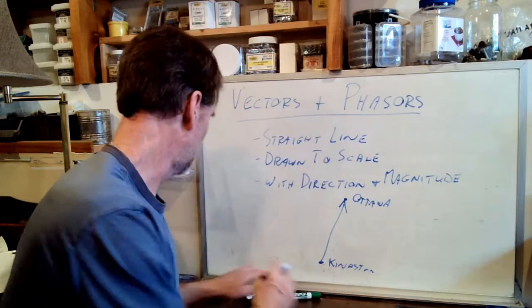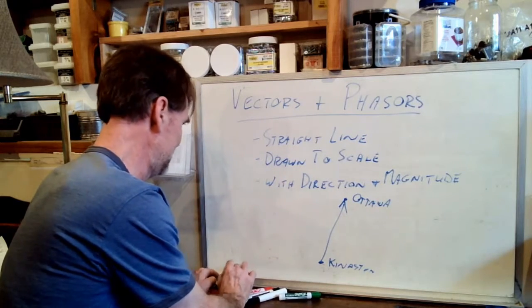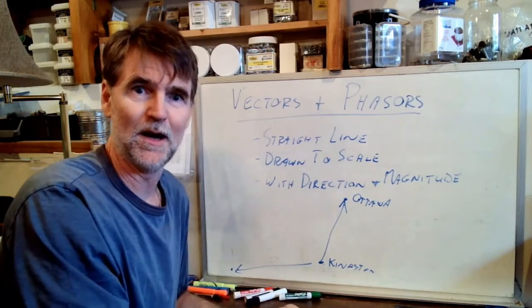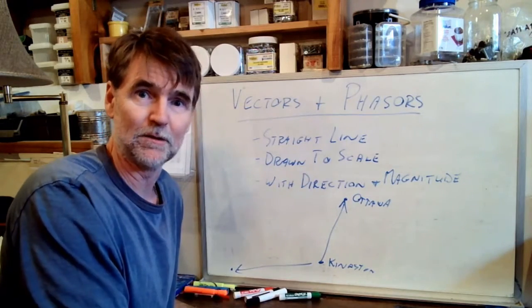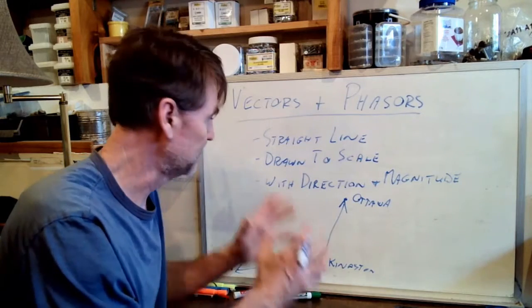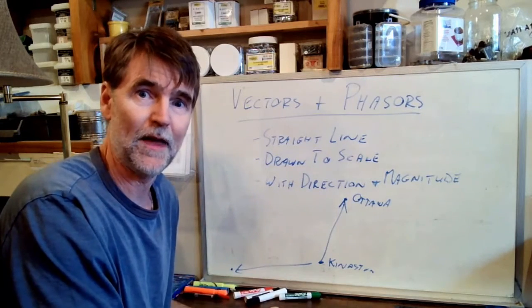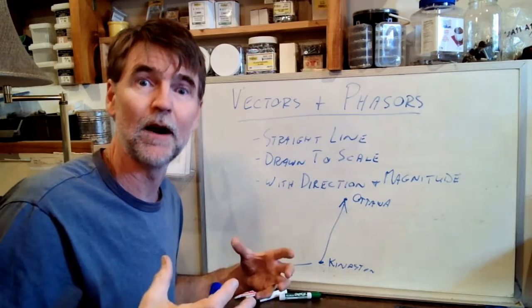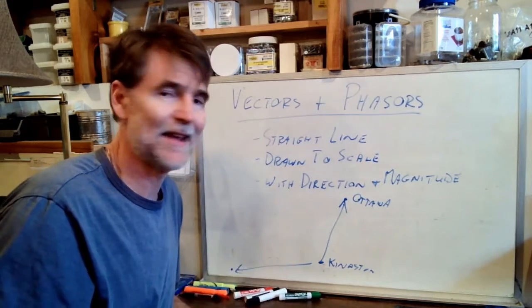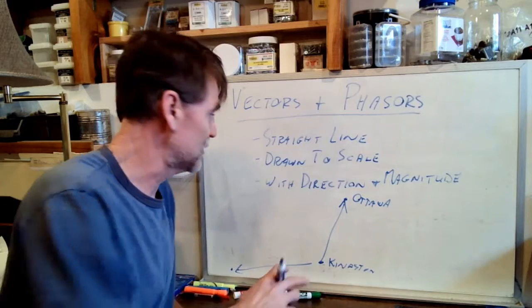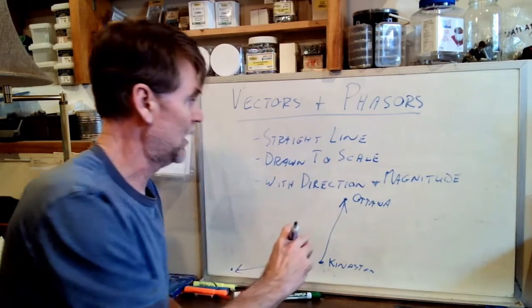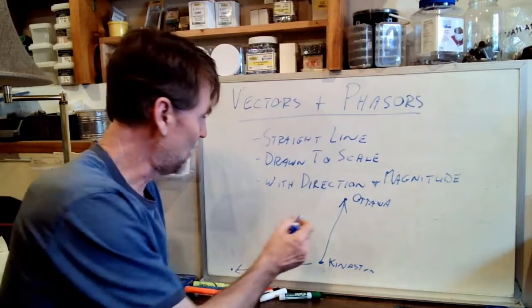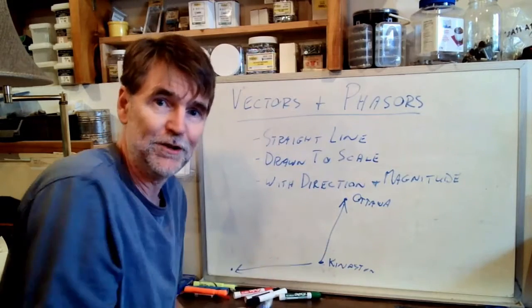I could draw Toronto down here, and I could say that it's a 2-hour drive in a roughly westerly direction. Those are vectors. They have meaning in both the length of the line and in the direction of the line. And that's obviously expressed with this arrow, but it's also in terms of its orientation.